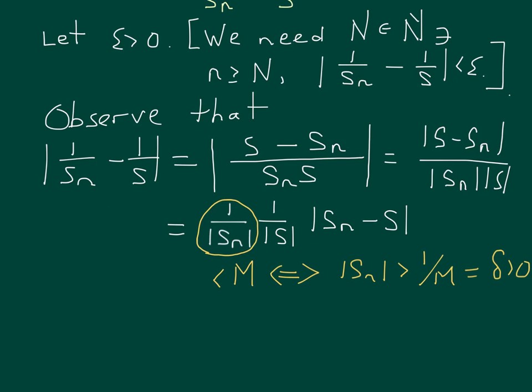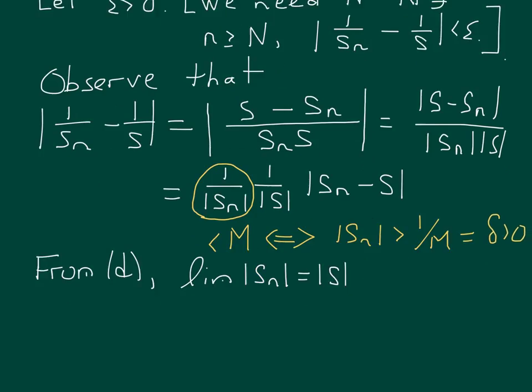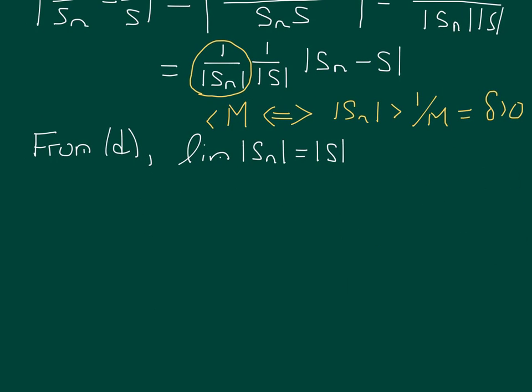So what are we going to notice? Well, note that the absolute value of S sub n is converging to the absolute value of S by part D. Alright, so let's write that down. From D, because S sub n converges to S, the absolute value of S sub n is converging to the absolute value of S. Remember that the absolute value of S is bigger than 0.